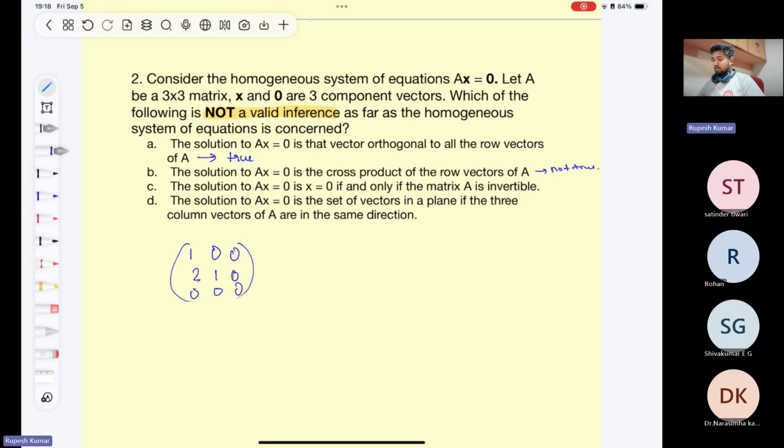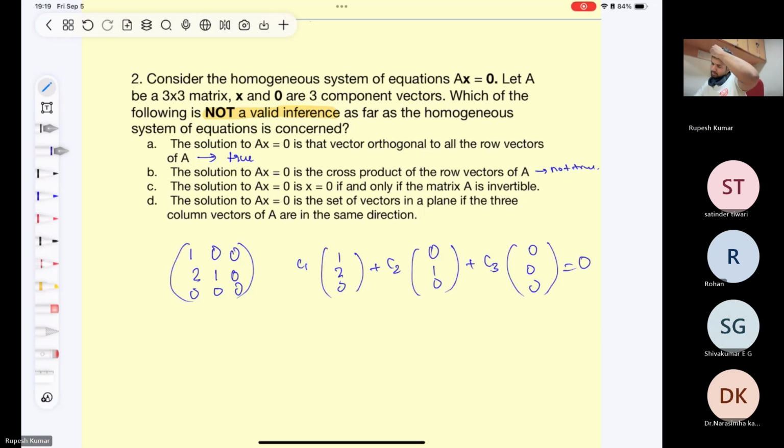Now you want to find a linear combination of these three column vectors such that C1 into 1, 2, 0 plus C2 into 0, 1, 0 plus C3 into 0, 0, 0 has to be 0, right? And you can easily find a solution by taking the cross product of these two vectors. You will get the solution.